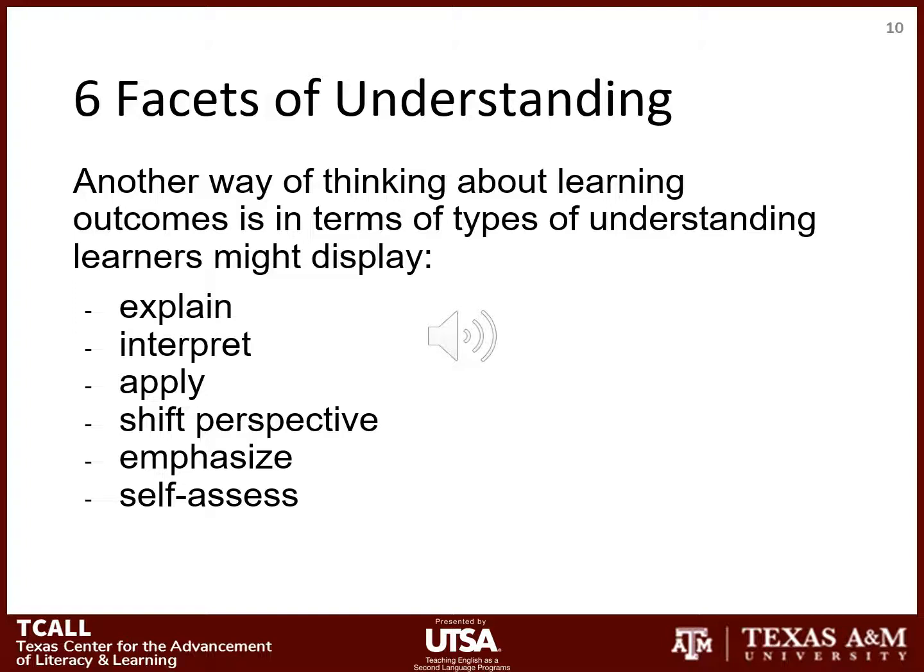They might be able to explain, they might be able to interpret, they might be able to apply, they might be able to shift perspective or shift the perspective of another with their language, they might be able to emphasize, and they might be able to self-assess. So there are many different types or facets of understanding that a given standard might be pointing to.